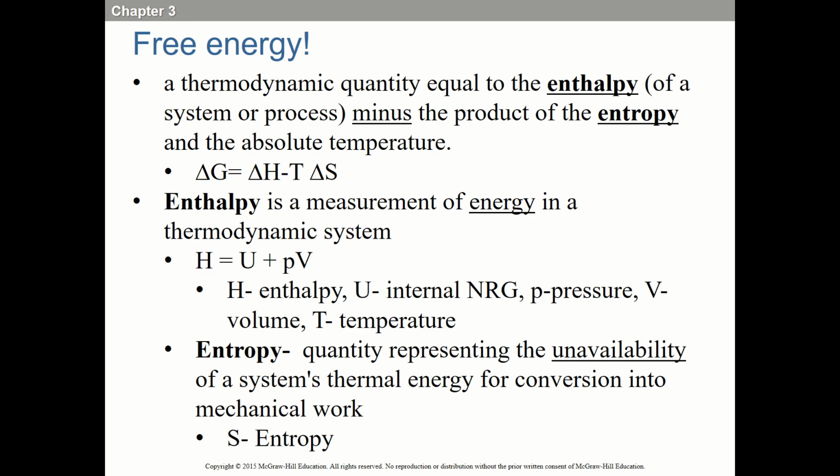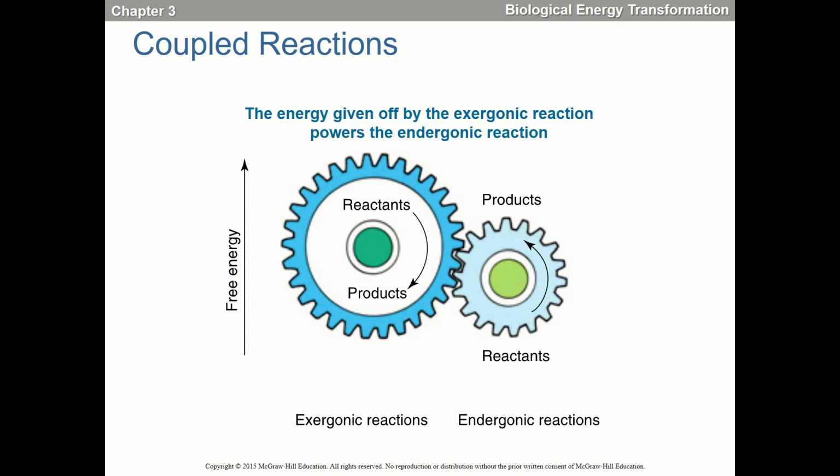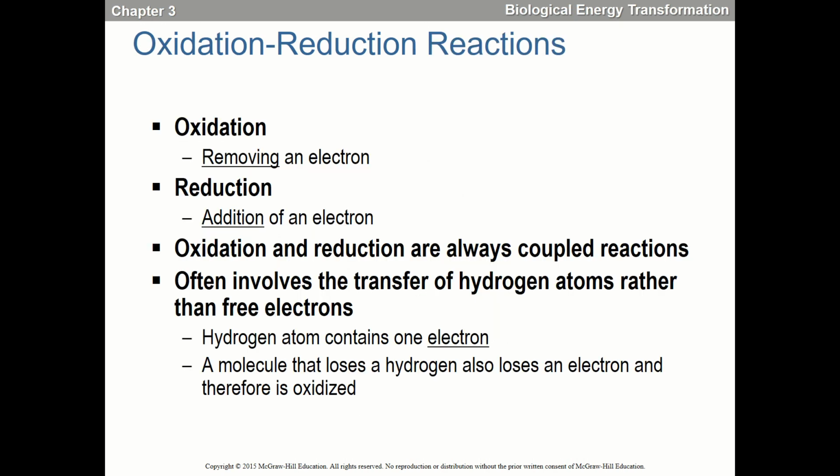So moving on from there. Already talked about coupled reactions, so going to move on from that. All right, oxidation and reduction reactions. We're going to be fairly concerned with these, particularly because we have something in the mitochondria called the electron transport chain. Oxidation or reduction is really important because that is removing an electron or adding an electron.